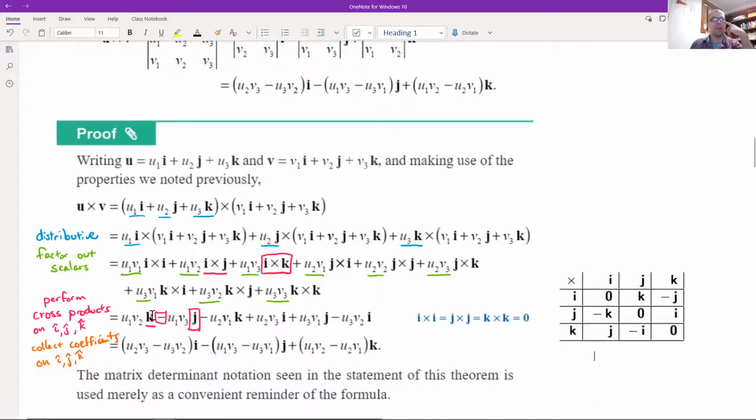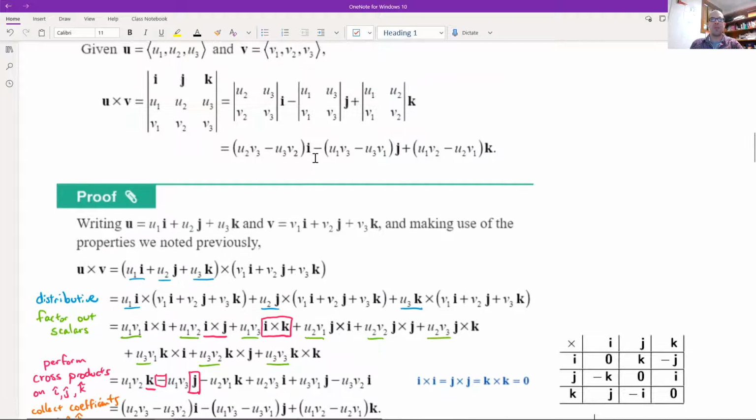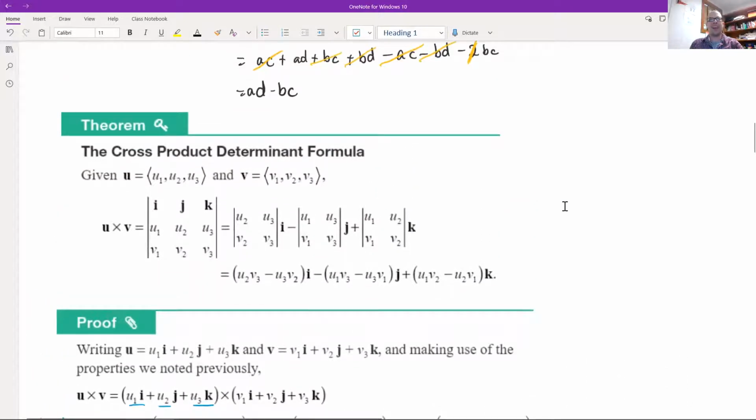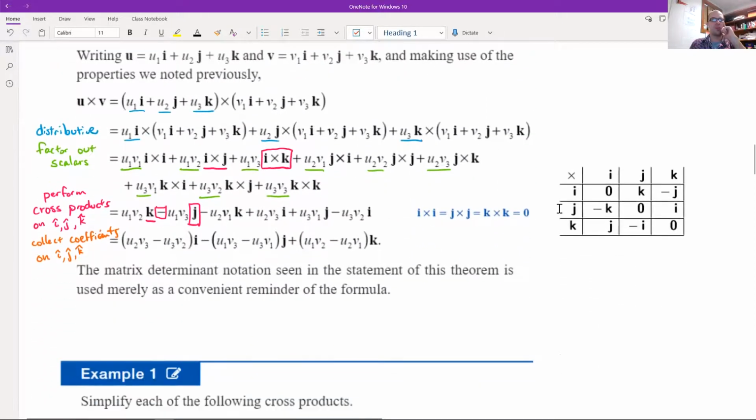And then eventually we collect the coefficients corresponding to what's left with I hat, or J hat, or K hat. And we get the same 2x2 determinants that we had above here. And yeah, there is some nice geometry that we will talk about in linear algebra regarding that.